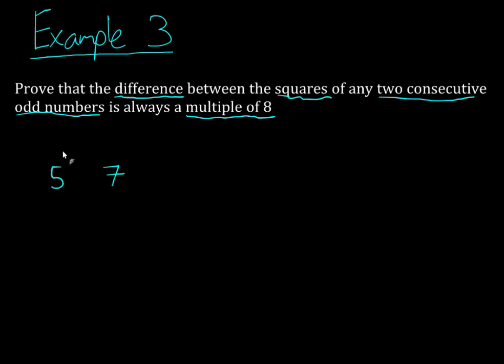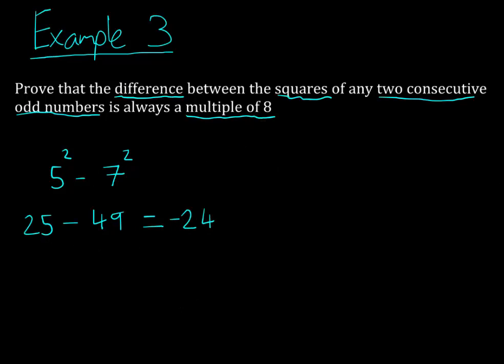And we're going to square them, and then we're going to subtract them from each other. So 5 squared is 25, minus 7 squared is 49. If we subtract them from each other, you get 24, or minus 24, which is a multiple of 8.